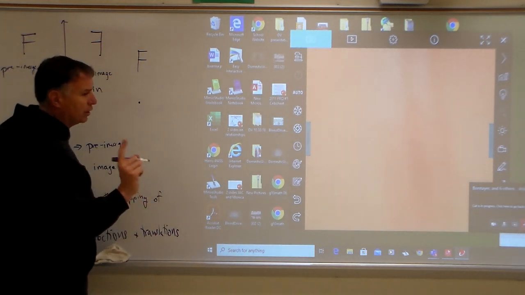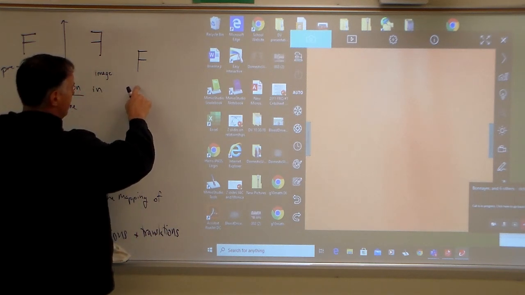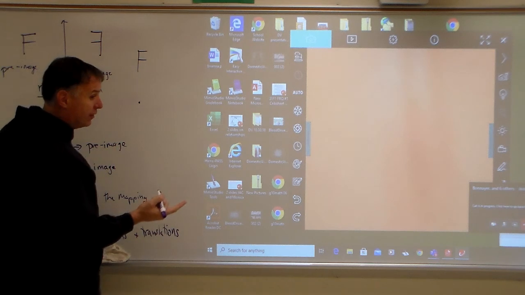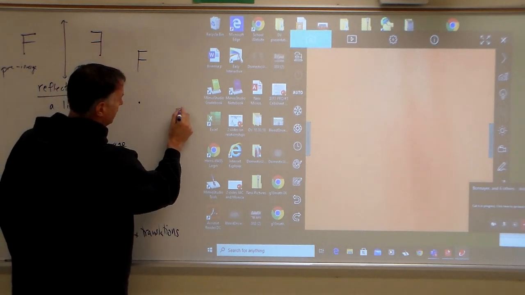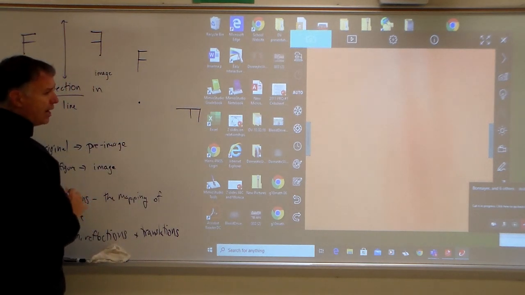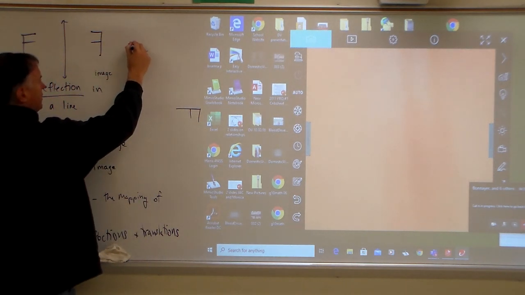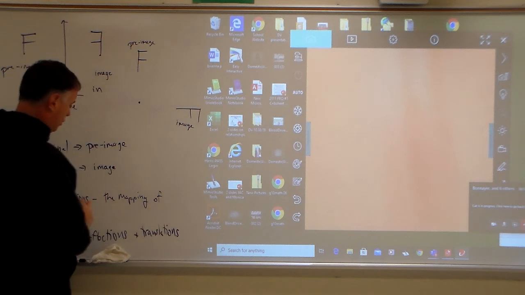Well, we're going to learn how to do it in section 7.3, but this angle would have to be whatever the angle is that you're rotating it. But if it was down here like this, that would be an example of a clockwise rotation. This being my pre-image, and this being my image.